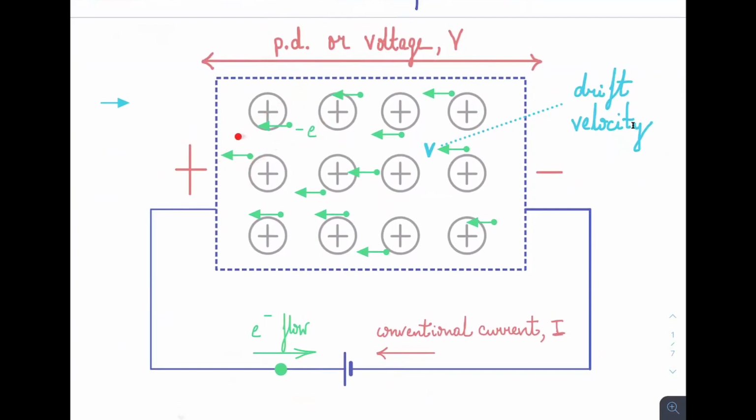Okay, so as you can see now, these green spots signifying the electrons have all gained a velocity towards the positive terminal of the battery. We say that a drift velocity, v, is superimposed on the random motion of the electrons.